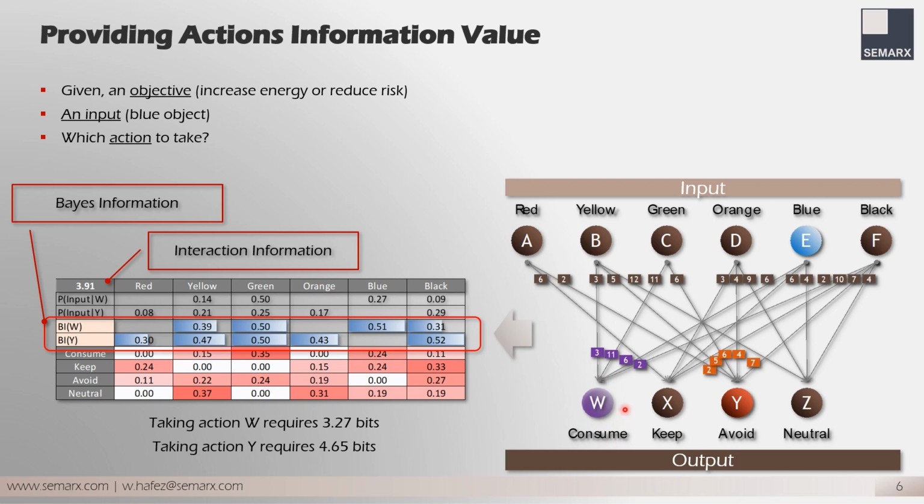If I want to consume, if I meet objects, how much contribution do I get from yellow objects, how much from green objects, and that gives that first row. So the yellow, green, and these are not available because there is no connection. It never consumed the red object. And that adds to 1, and that gives the probability by which each of these events participated or contributed to any one of these.